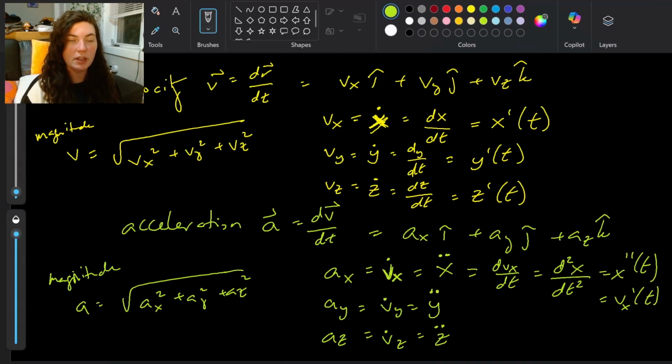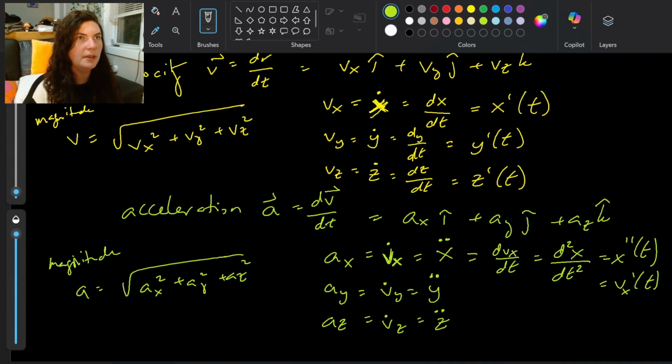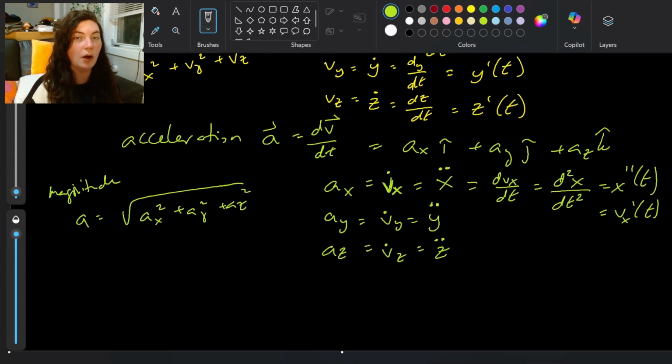So again, really helpful if you're given things in terms of x, y, z, those x's, y's, and z's also in terms of time. One more thing that I want to mention with these is that we may find our x and y in terms of each other through taking derivatives. So there are a couple of important calculus reminder rules that I want to point out. If we have the derivative of y with respect to time, so dy dt or y dot, that's going to equal dy dx times x dot.